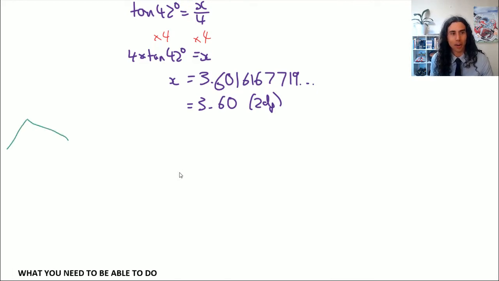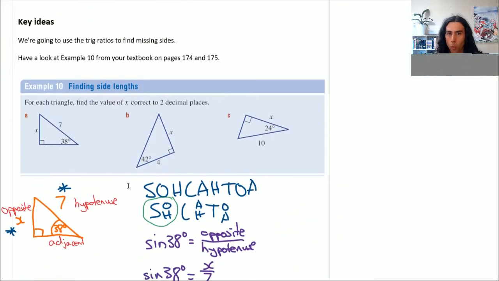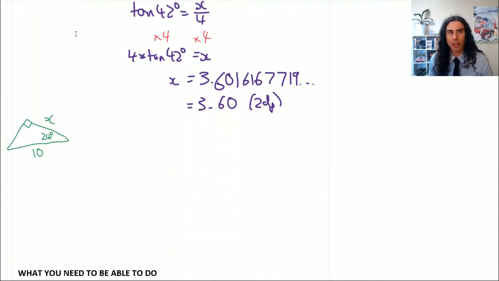Oh, that's not a right angle, but I'll pretend it is. X, 10 and 24 degrees. So step number 1. What sides we got? We have here hypotenuse, adjacent, opposite.